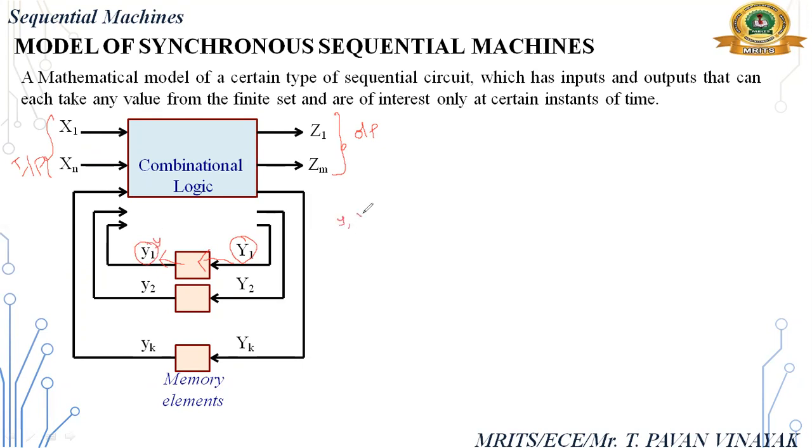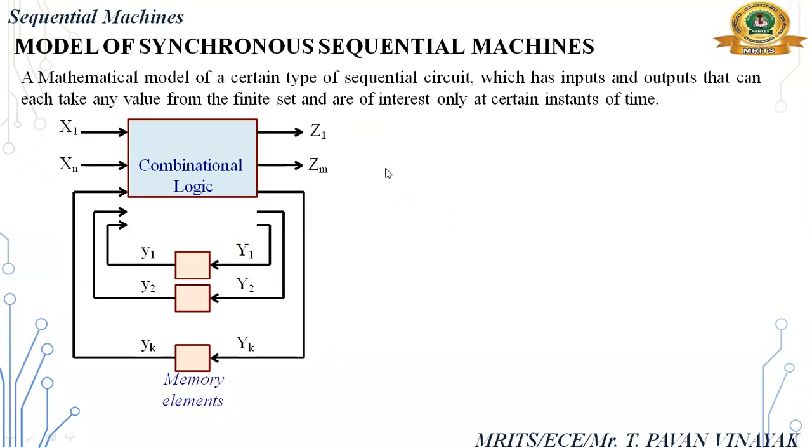Capital Y and small y denote the state. Small y is the present state, capital Y is the next state. These are the important parameters while designing a sequential machine.